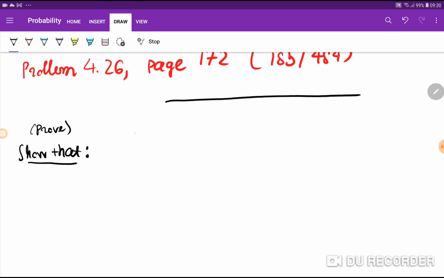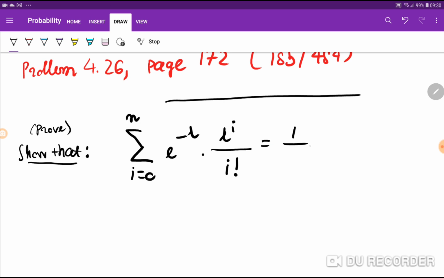The problem asks us to show that the summation of i equals 0 to n of e to the power negative lambda times lambda to the i over i factorial equals 1 over n factorial times the integral from lambda to infinity of e to the power negative x times x to the n dx.